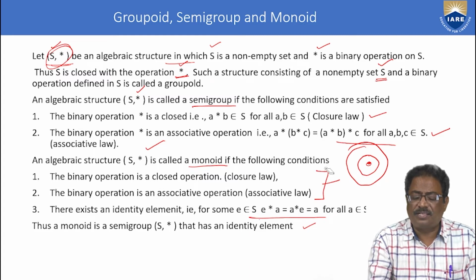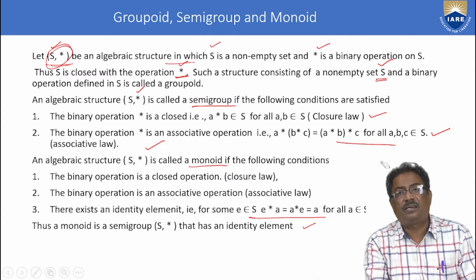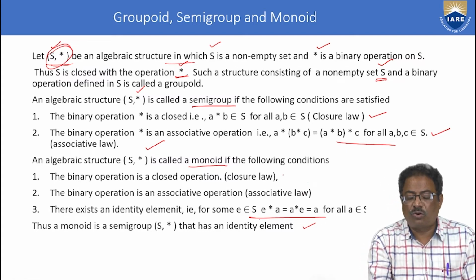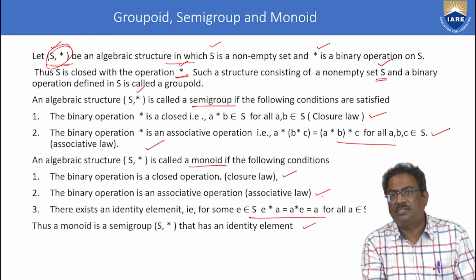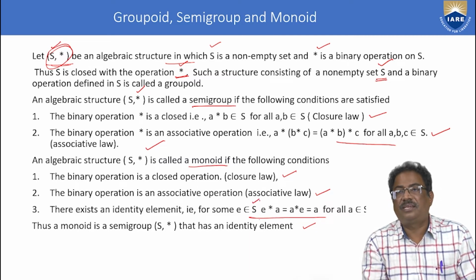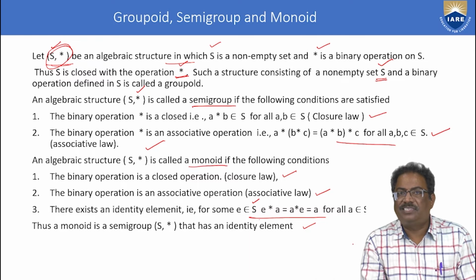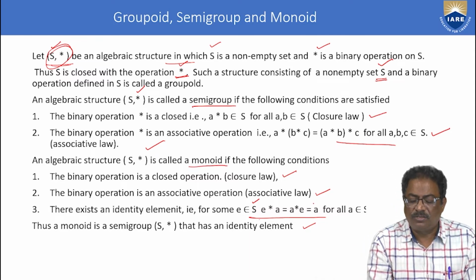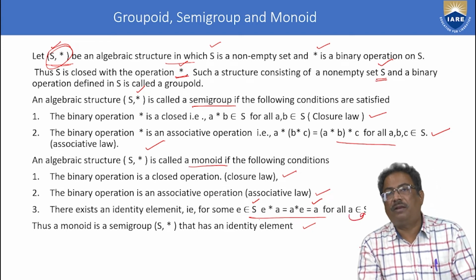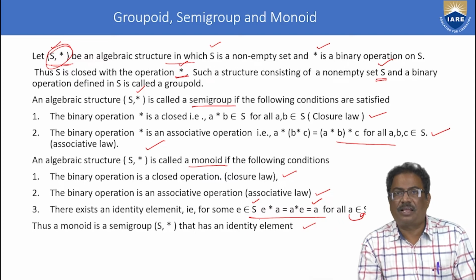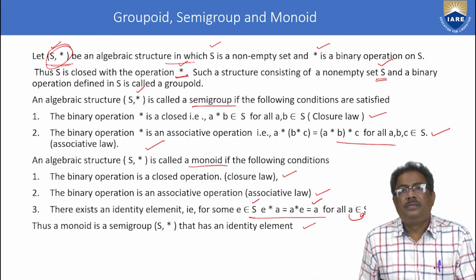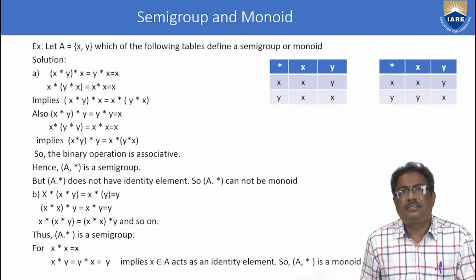Or else, another way we can say that an algebraic structure (S, *) is called a monoid if the binary operation is closed, the binary operation is associative, and there exists an identity element e in the set S with the property that e * a = a * e = a, true for all a belonging to S. Then we can say such an algebraic structure is called a monoid. So these are the things that we are going to consider.